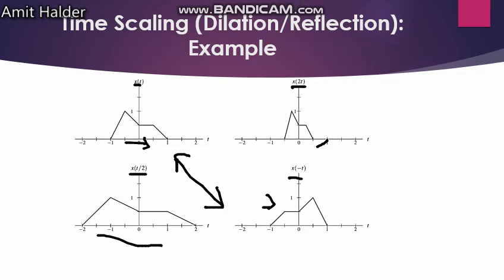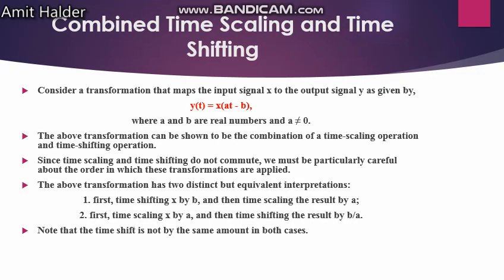So time scaling is what we have studied before: the three parts, the dilation, the reflection, the expansion, the compression. All the things are similar to each other. Now, the combined time scaling and time shifting.